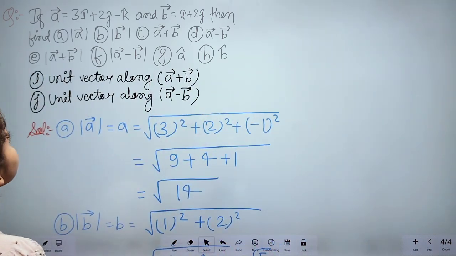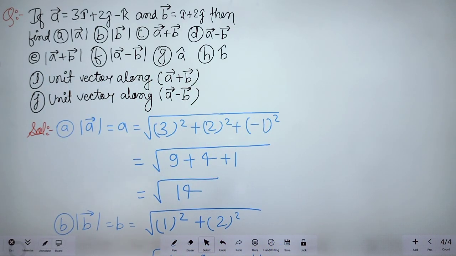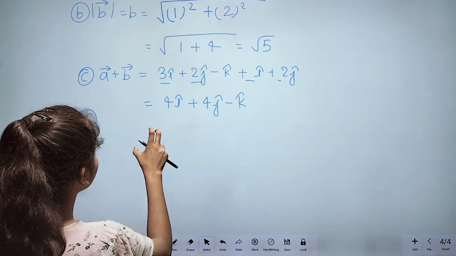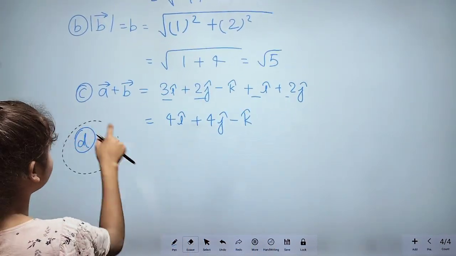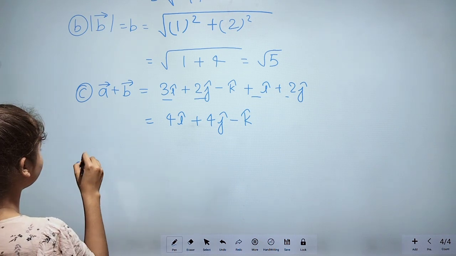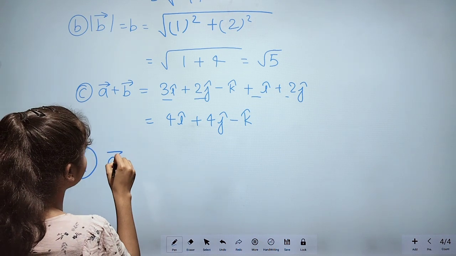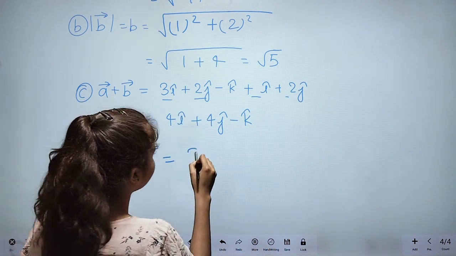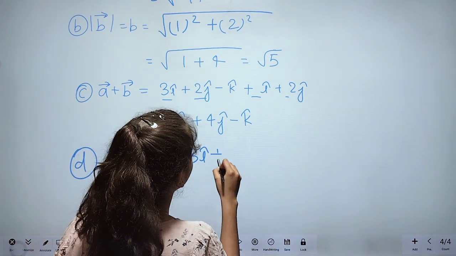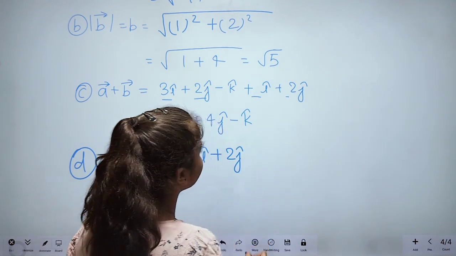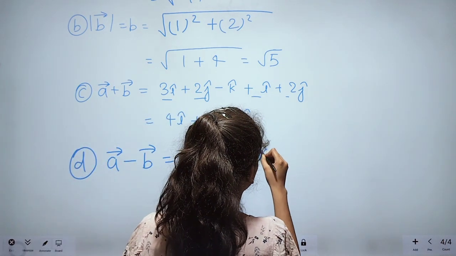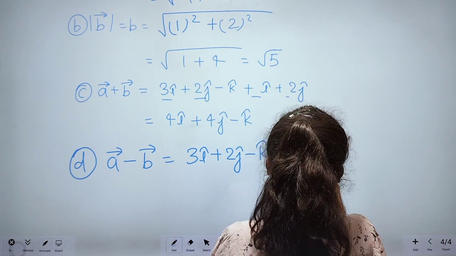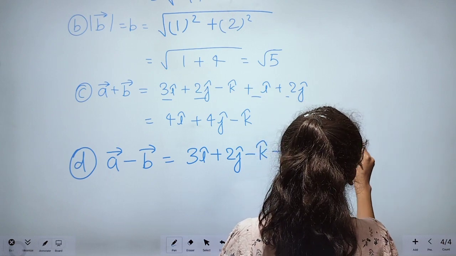So our next question is, we have to subtract A vector and B vector. So A vector minus B vector. Now what is in A vector? In A vector 3i cap plus 2j cap minus k cap. Okay, and again we have to minus i cap plus 2j cap.